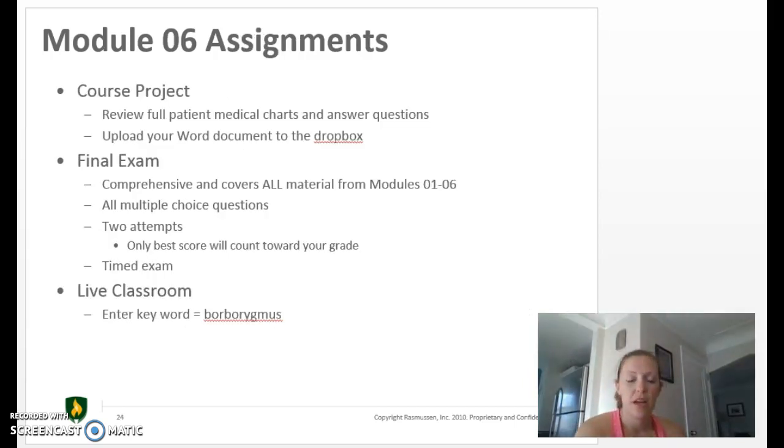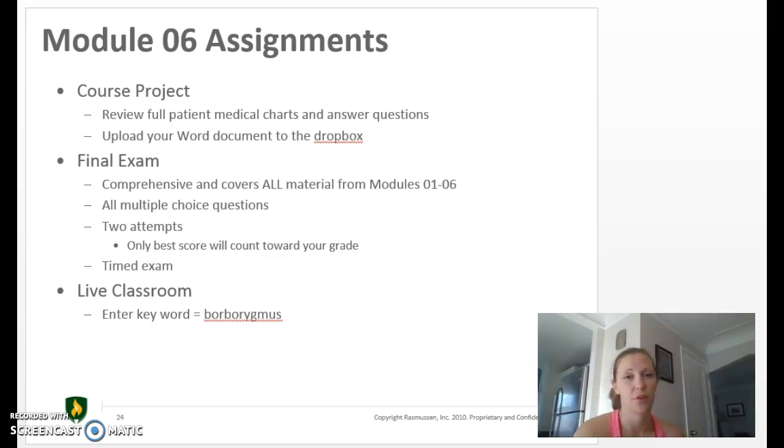Things that are due in Module 6, we have the course project. It's just one single patient this time, so it's a little bit shorter, and you're getting the hang of how to do this. So I think it'll probably take you a little less time than usual. The final exam covers everything in the course, so it's comprehensive. Make sure you take the time to study. You do get 2 attempts. You do not have to take both attempts.